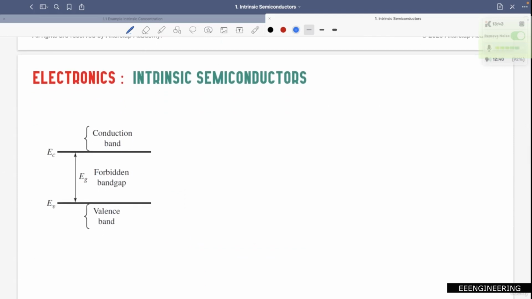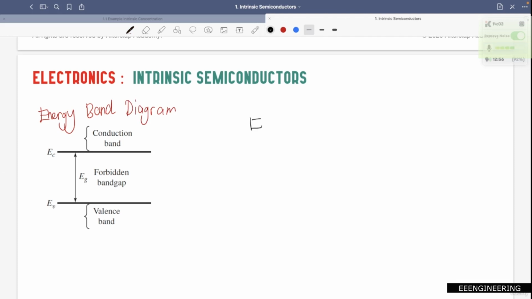Now we will make a couple of observations by checking out the figure we have here. By the way, this is an energy band diagram. This is really important, so let me put that here: energy band diagram. Here we have some energy levels, as you can see, EC and EV.